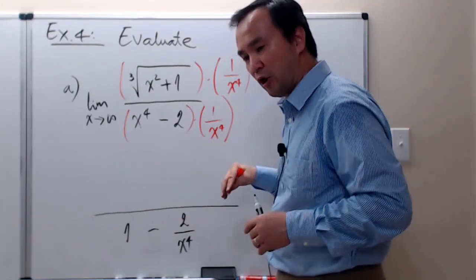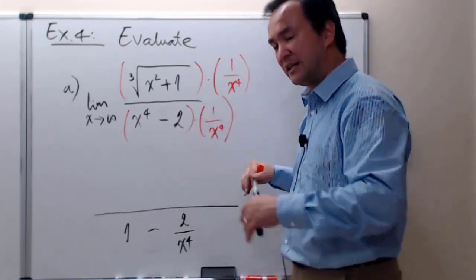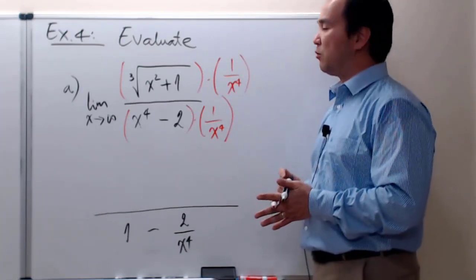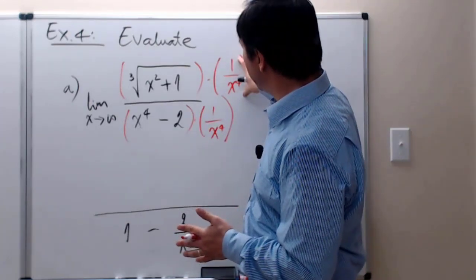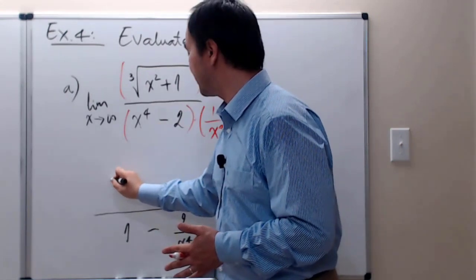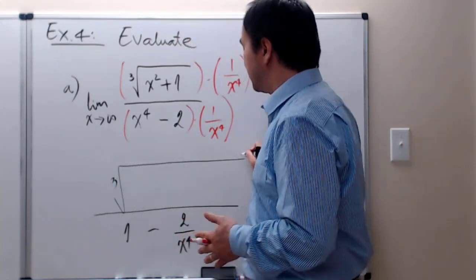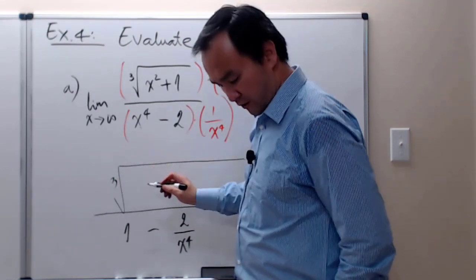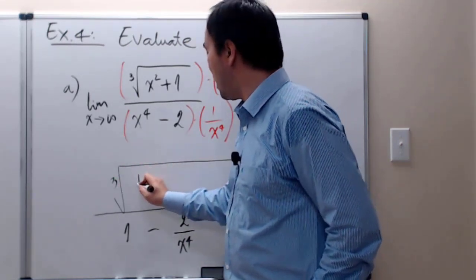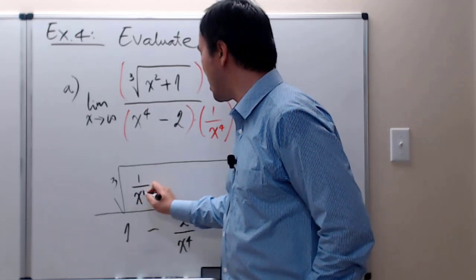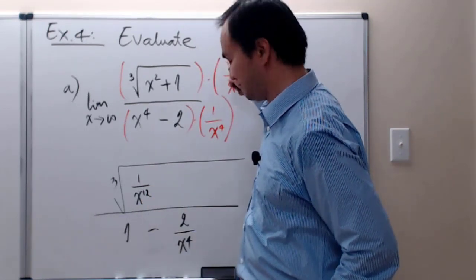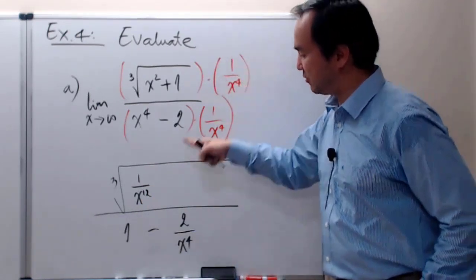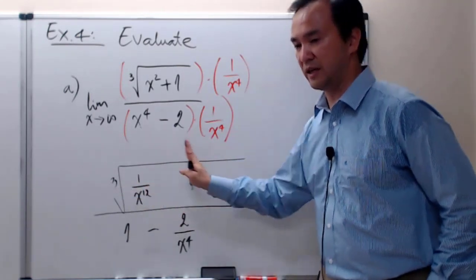I hope I don't have to go too far back with the algebra, so reveal your own algebra skill to find out why. But here's the thing, if I want to bring this inside of the cube root, this is how I have to do it. So this is how it can be done. The cube root is now an overall root expression, but 1 over x to the 12, that's what this expression becomes when it goes through a cube root and goes inside.